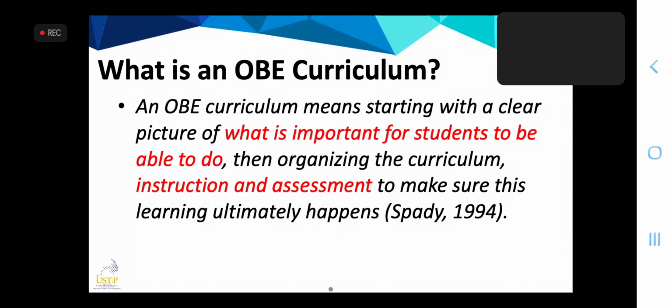So what are the skills they need to learn to become those professions I mentioned? Only those skills that are essential. That is the argument of the OBE setup.